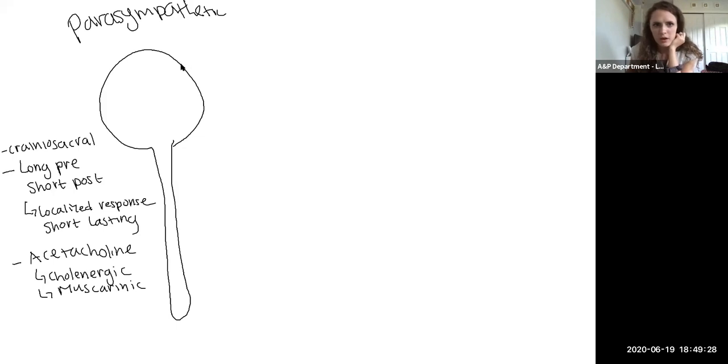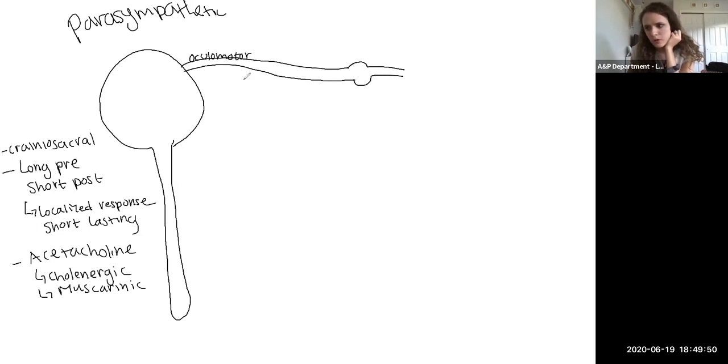We're going to go with oculomotor. So this is your first one. Oculomotor nerve 3.